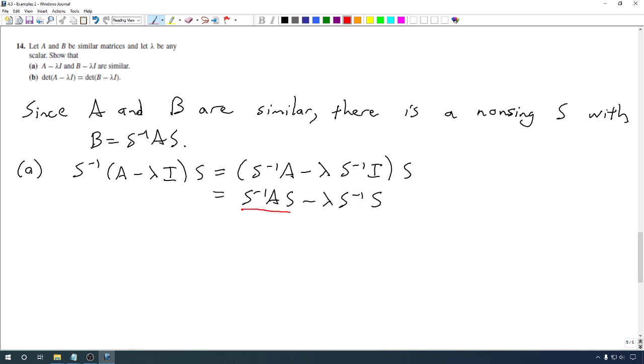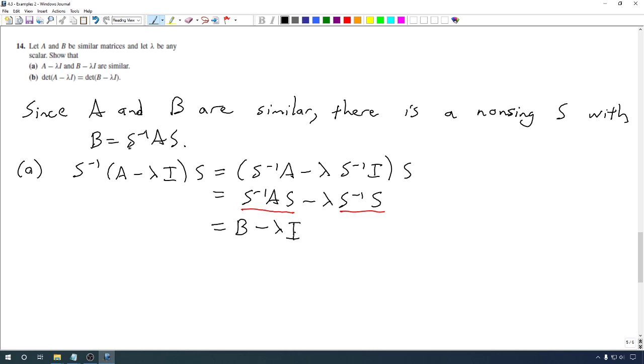We have S inverse AS, and we have an S inverse S. Both of those are things that we already know. S inverse AS, we said that is B. S inverse S is the identity matrix, because we're just dealing with inverses.